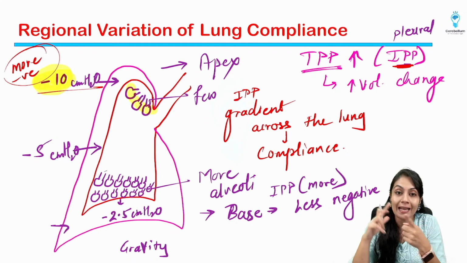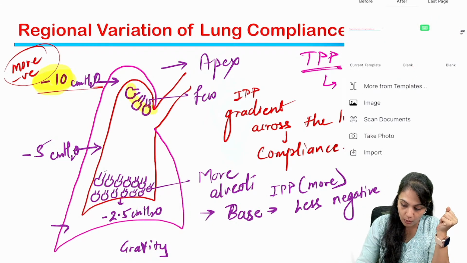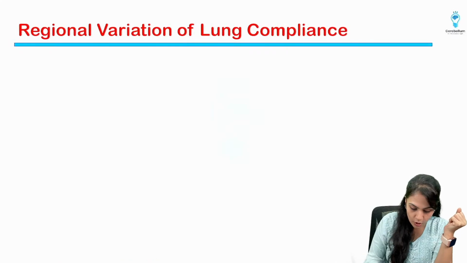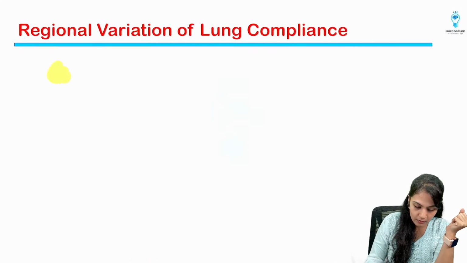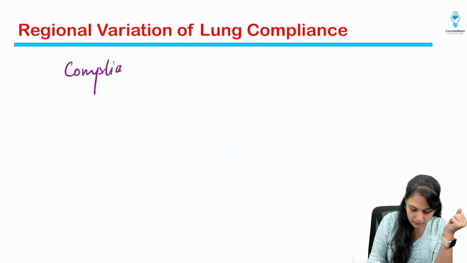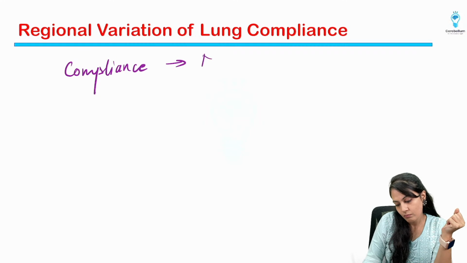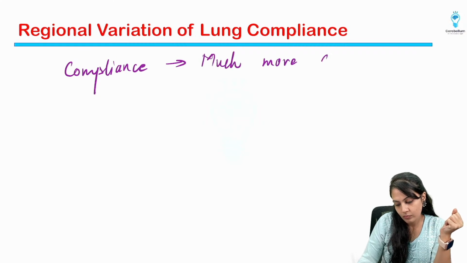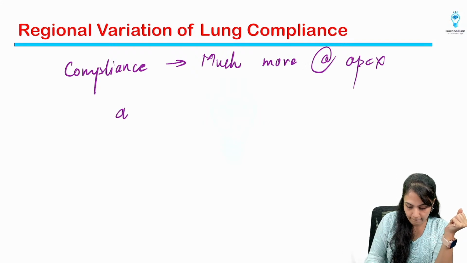That means the compliance is much more at the apex, isn't it? So if I see the compliance, it is much more at the apex as compared to the base.